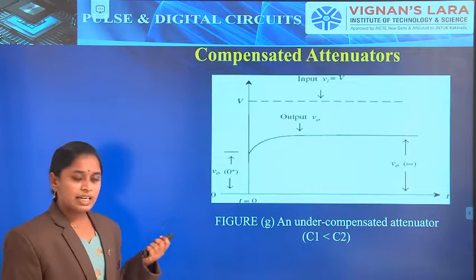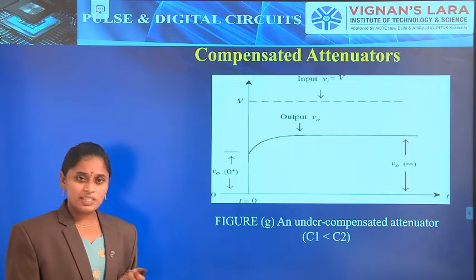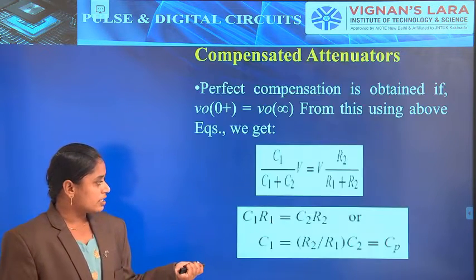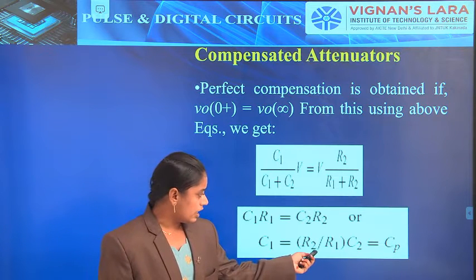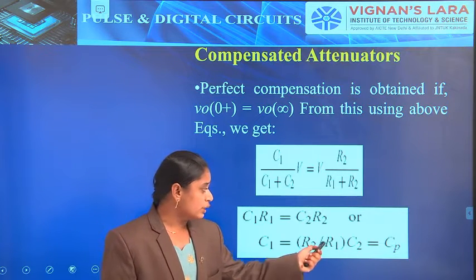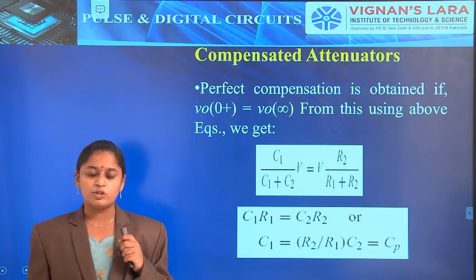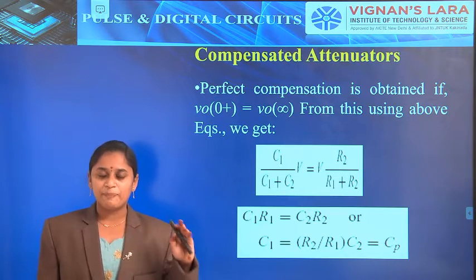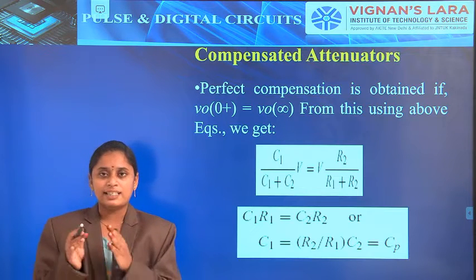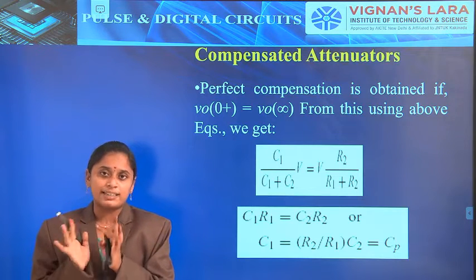So at C1 less than C2, we have to solve the condition. C1 is equal to R2 by R1 into C2. When both are equal, it produces a perfect compensation, nothing but the correct output.